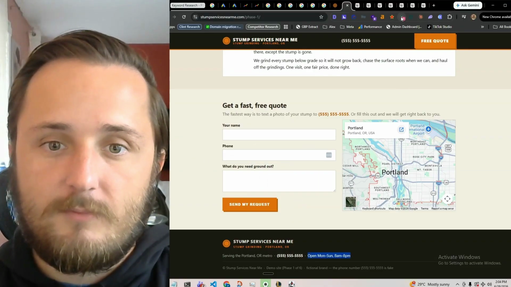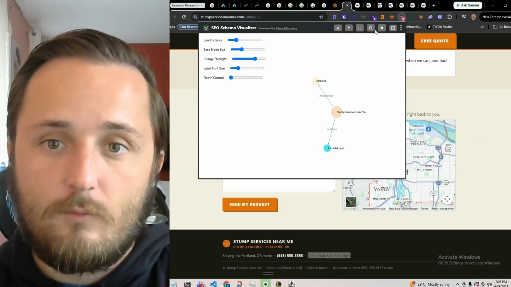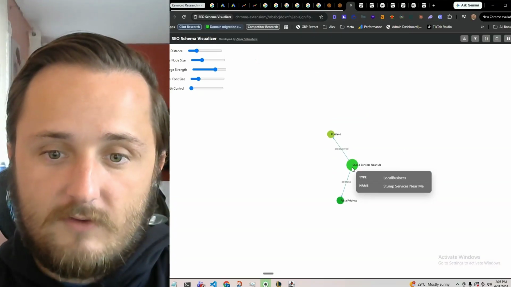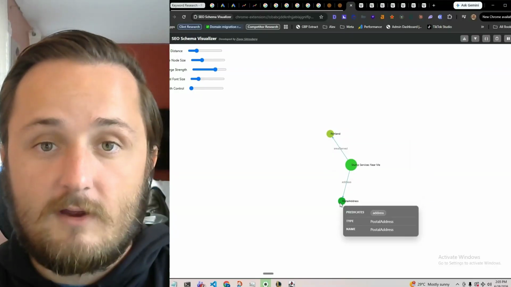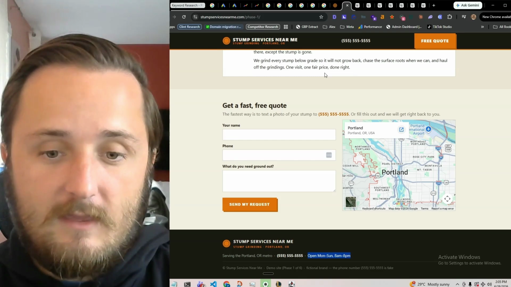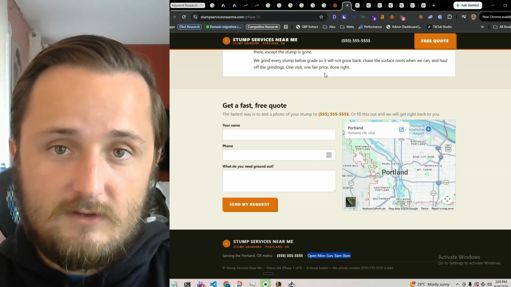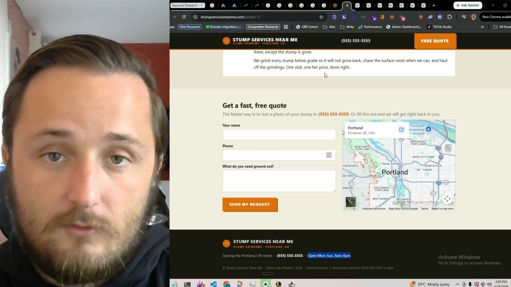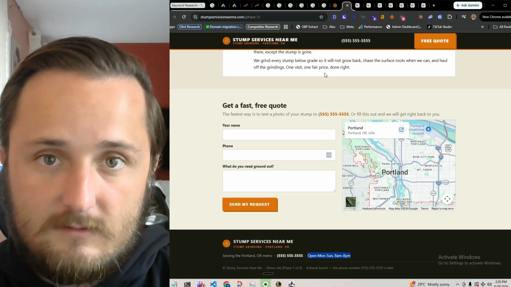This is when we're going to start building out the schema as well. This is just a visualization of what schema looks like. We've got the local business schema, the area we serve, and the address of the business. Schema is a language made by all of the major search engines: Google, Yahoo, Bing, and also Yandex.